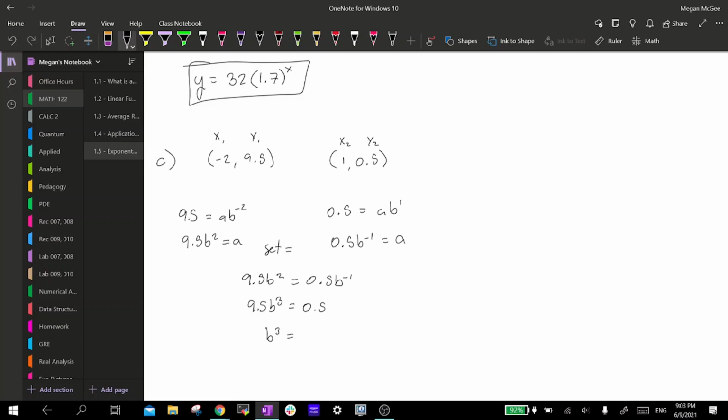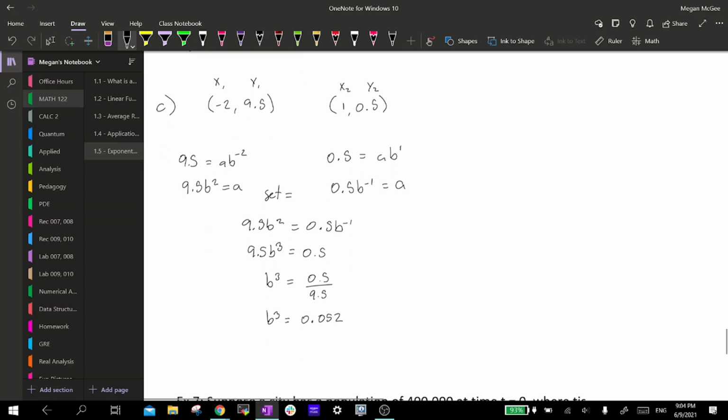So we'll get b cubed is 0.052. And then we need to take the cube root of both sides. So we end up with b is equal to 0.37.